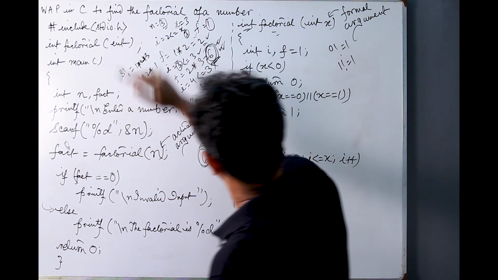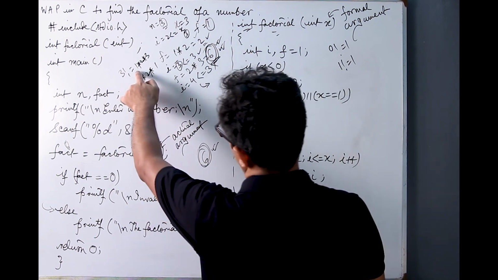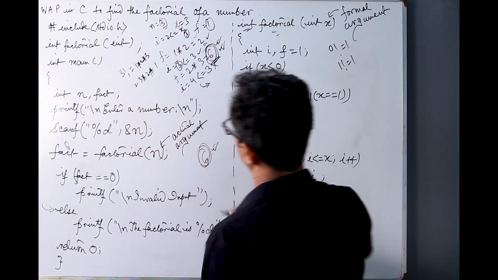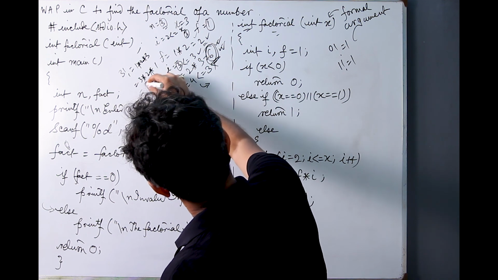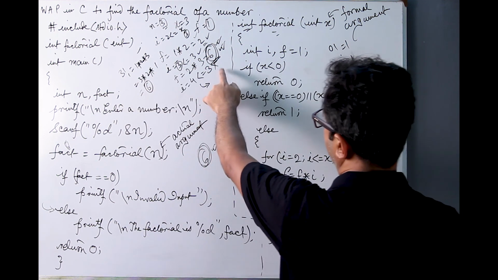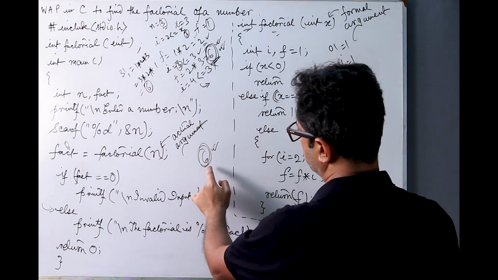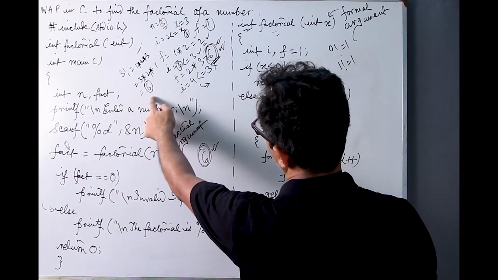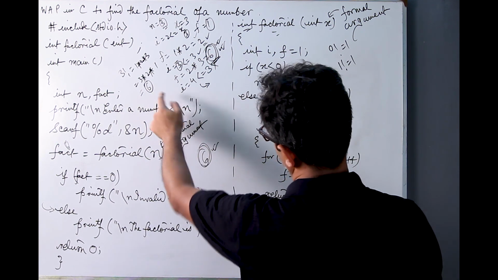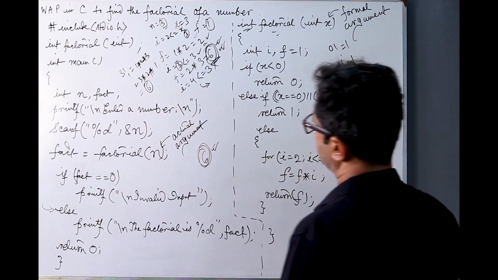The mathematical logic of the 3 factorial will be like this: 1 into 2 into 3, or 3 into 2 into 1, whatever. The result will yield the value 6. So the dry run yielded an output of 6, and the mathematical result is also 6. So these two results tally with each other.